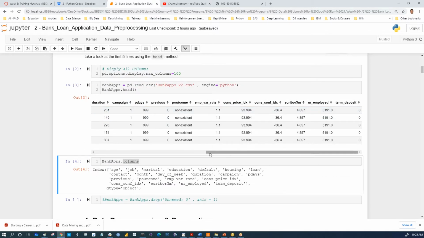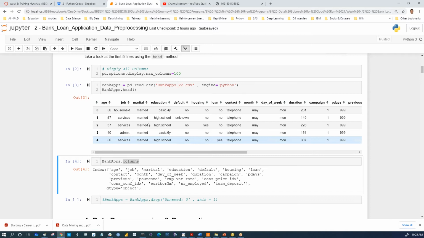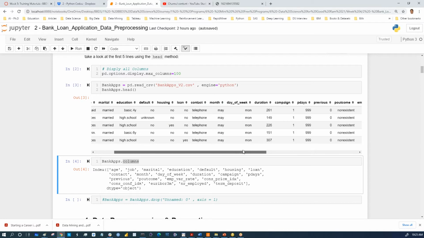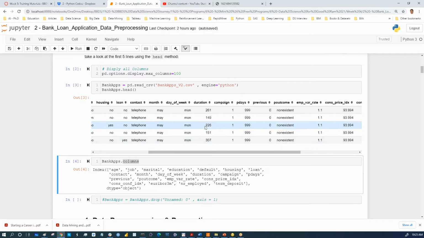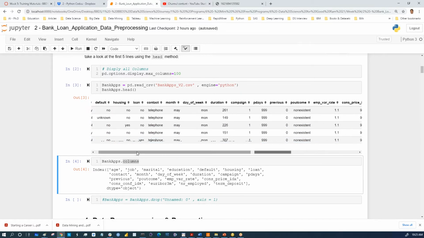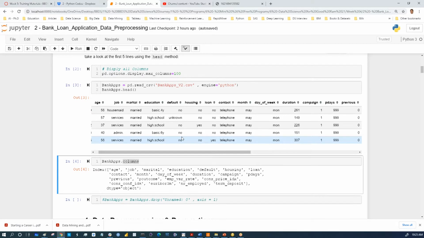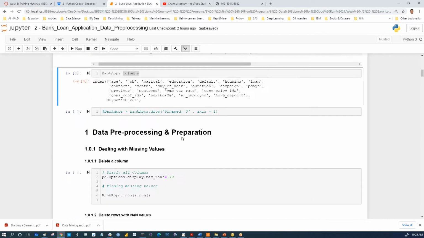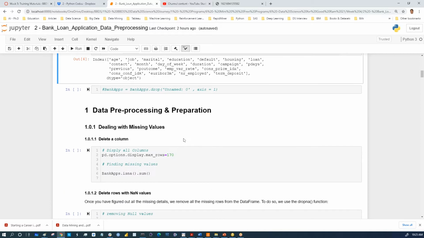Most of the remaining features are categorical, so we have to transform them, and that is the topic for next week: how to transform categorical into numeric. By the following week, we should have a final version that we are going to use for the modeling. Okay, so now we are going to do pre-processing, or simply data quality auditing.